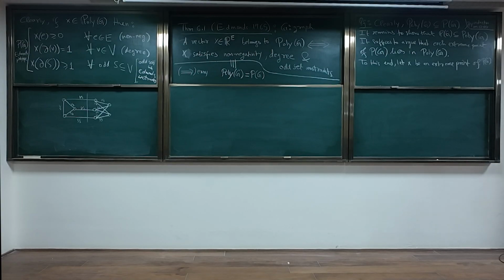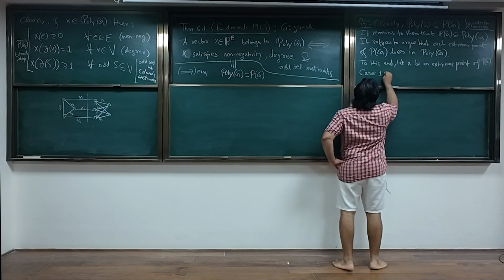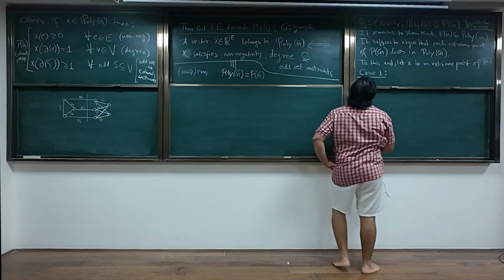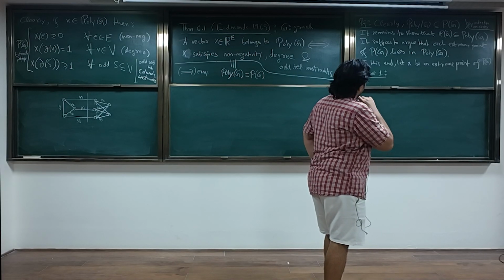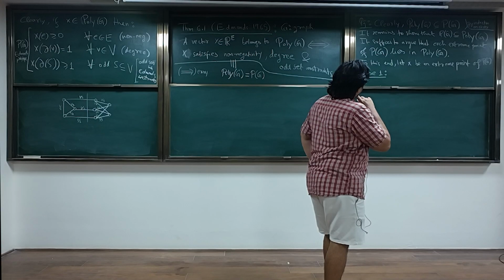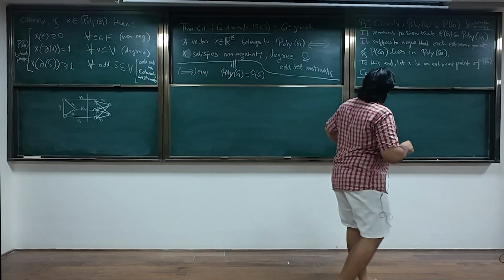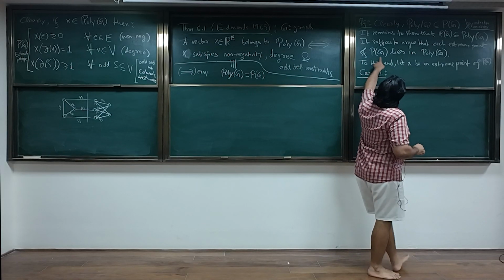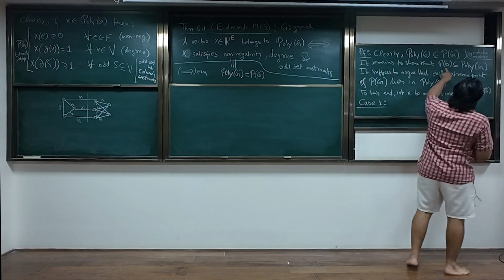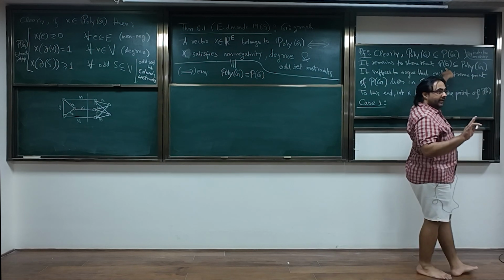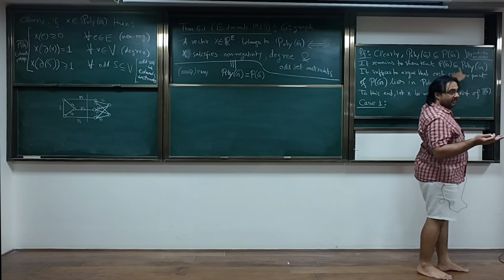So the two cases are case 1. Let me make one more point before I make case 1: if Edmonds polytope is empty, then there is nothing to prove, because the empty set is a subset of anything you like.